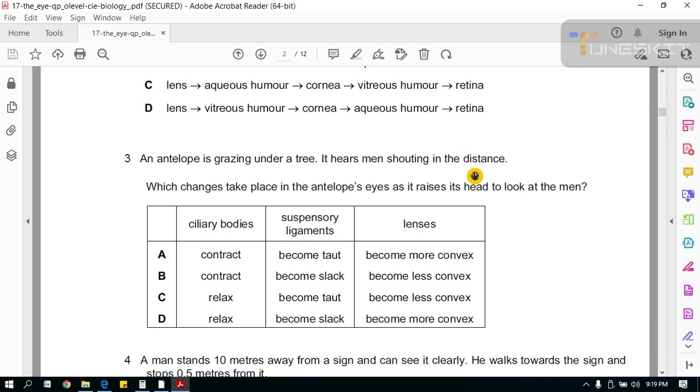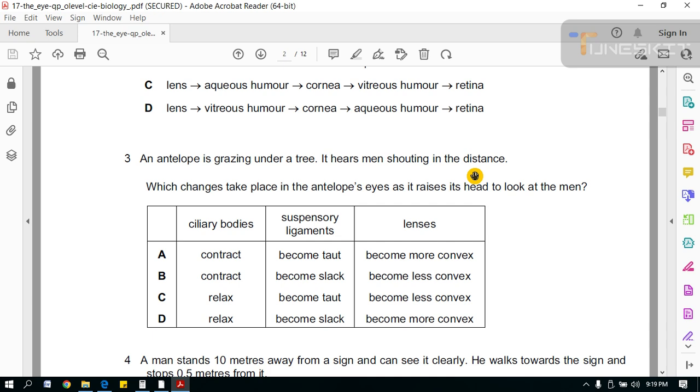The lens becomes less convex. Why? Because when it is less convex it becomes thin. Why?